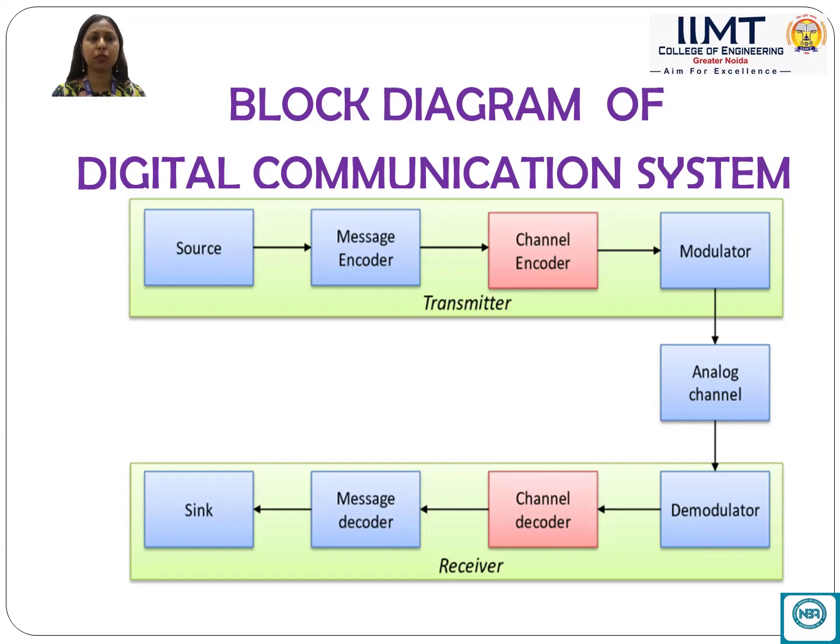We have to add it to the carrier signal so that we gain our signal to a particular level. That's why the carrier signal and the information signal are added in the modulator part, and that signal is now in analog form.